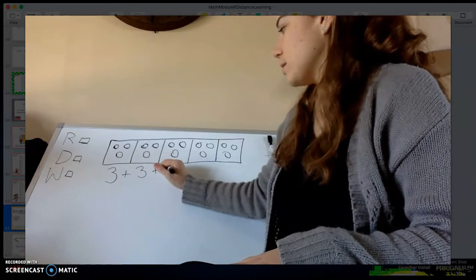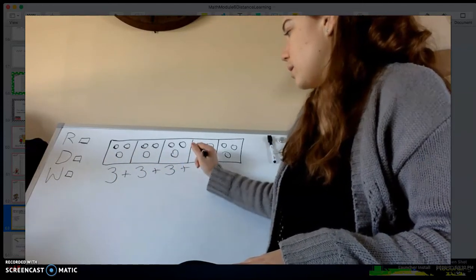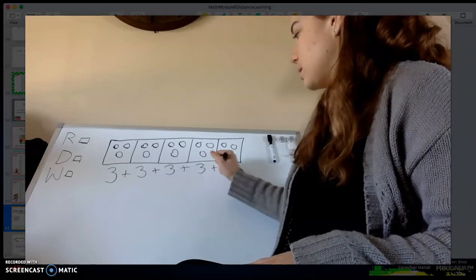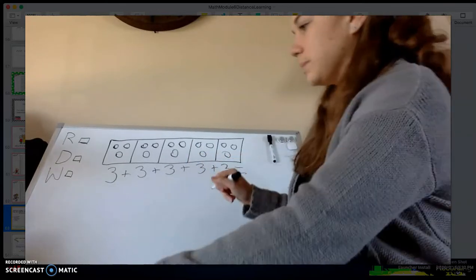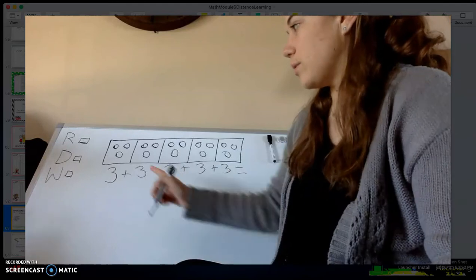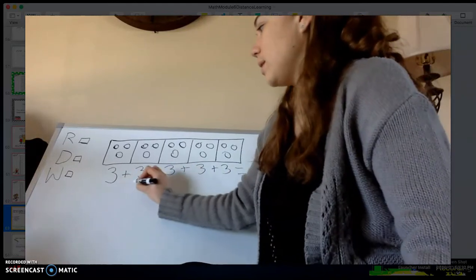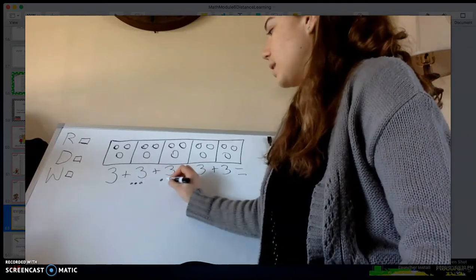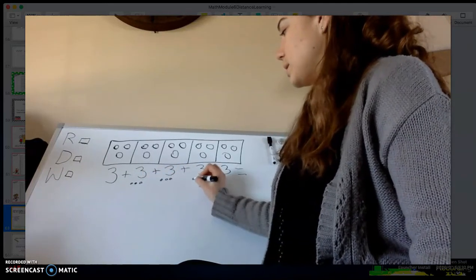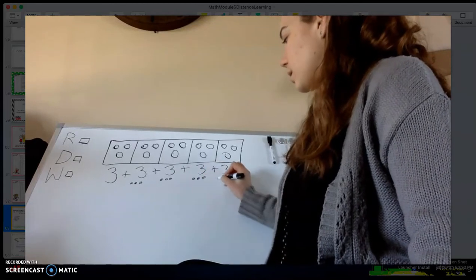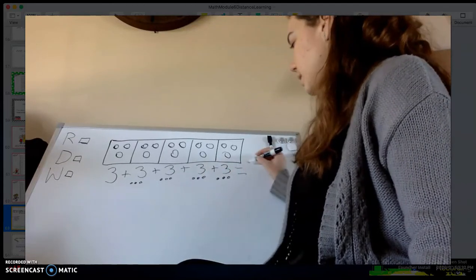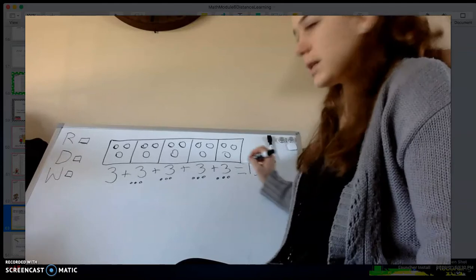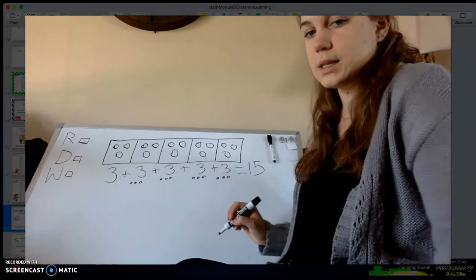What do we have here? Good, 3. 3 plus 3 equals. So if we're going to add this up, we're going to do 3 plus 3. So 3, 4, 5, 6, 7, 8, 9, 10, 11, 12, 13, 14, 15. What's our answer? Good, 15.